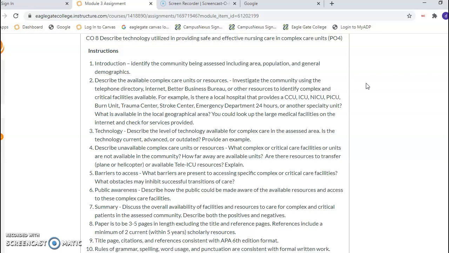Then you're going to talk about the technology that's available at these units. For example, I had lived in the past in a community called Kenosha, Wisconsin, and in that community there were 3 different hospitals, and they had ICUs and CCUs, but they didn't have burn units or stroke centers or that type of thing. In that case, I would have had to travel about an hour away to Milwaukee, Wisconsin, where all those types of complex care units were available.